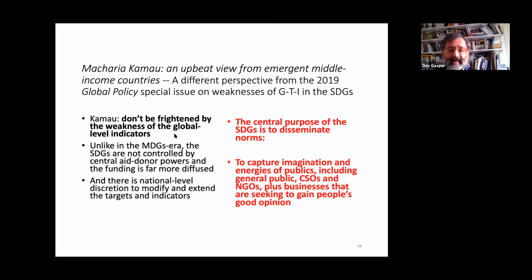He's currently the head of the foreign ministry in Kenya. And he said the central purpose of the SDGs is to disseminate norms, so that we expect people to be sustainable, we expect businesses to be sustainable, we expect consumers to consume responsibly, etc.